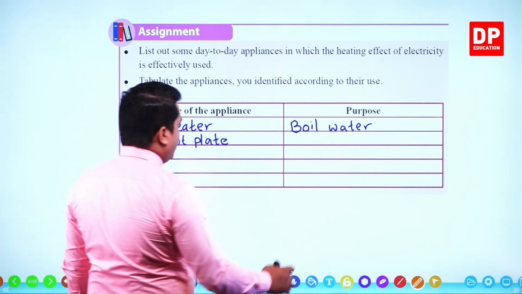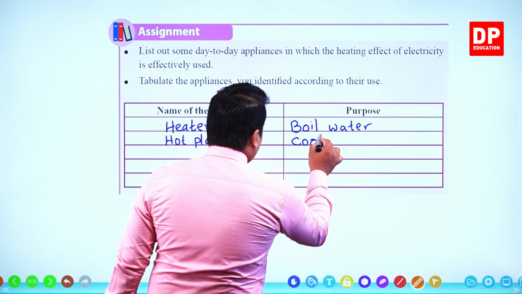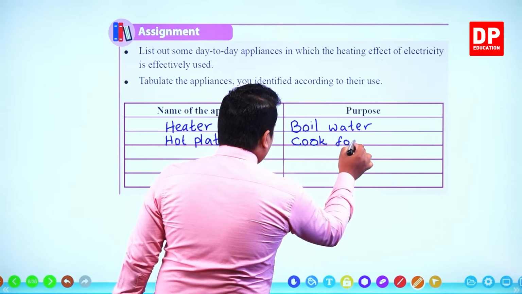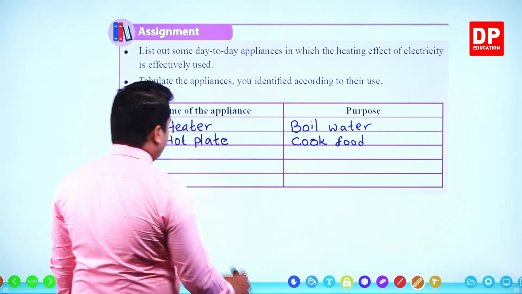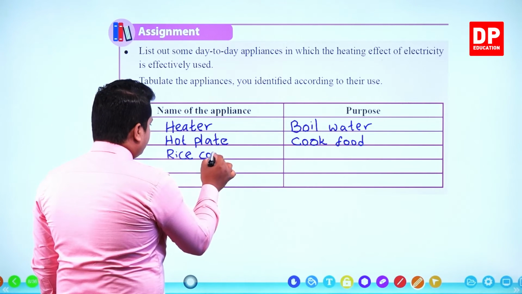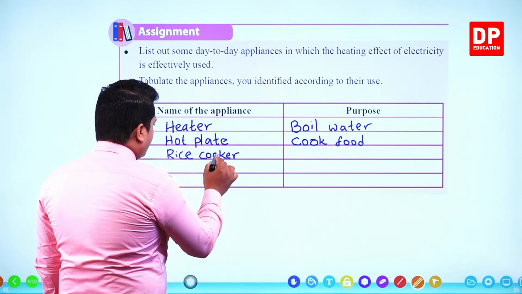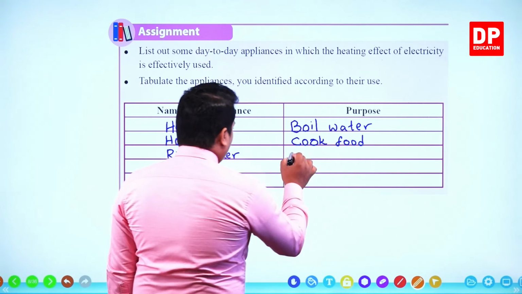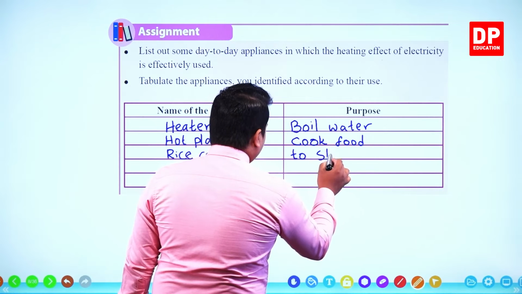We use a hot plate to cook food. Rice cooker. Rice cooker to steam rice.